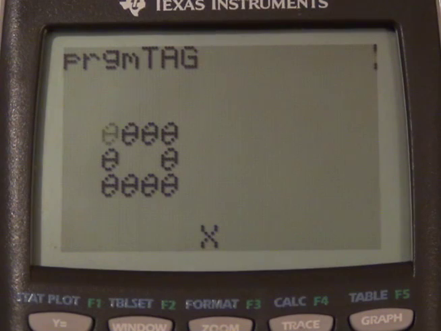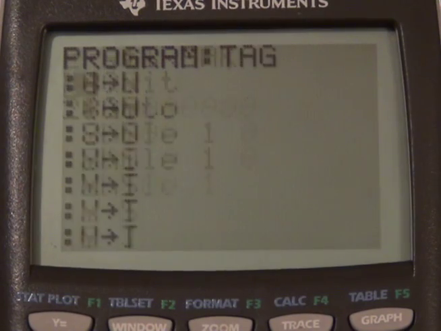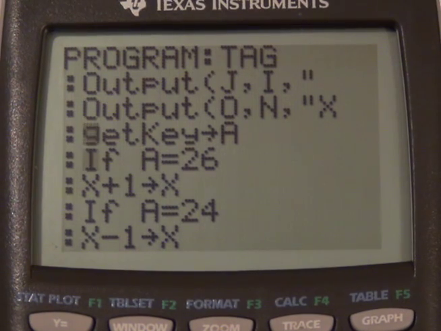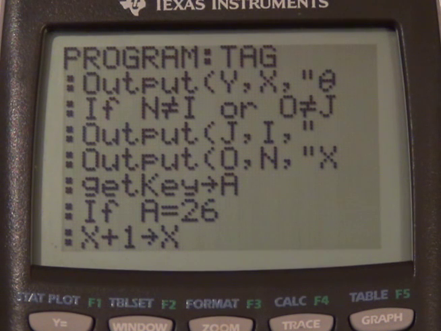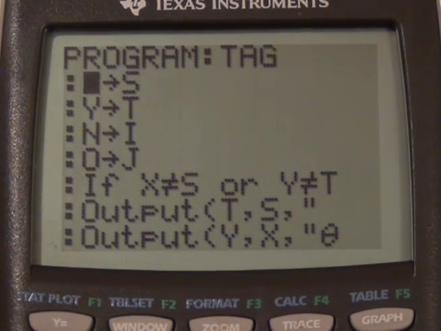I can move around. Something's wrong with my erasing. I'll have to check what that is. Oh yeah, it's because I need to do the changes.